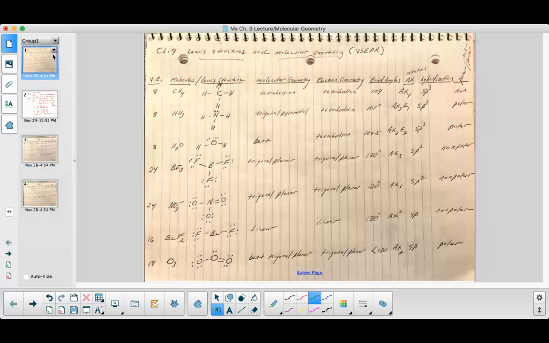All right, so now let's go back to the table, and I'm going to show you how to interpret the table. So I've given you some examples here. This first one is what I just did. Well, I did CCl4, but CCl4 is going to look in terms of geometric structure just like CCl4.